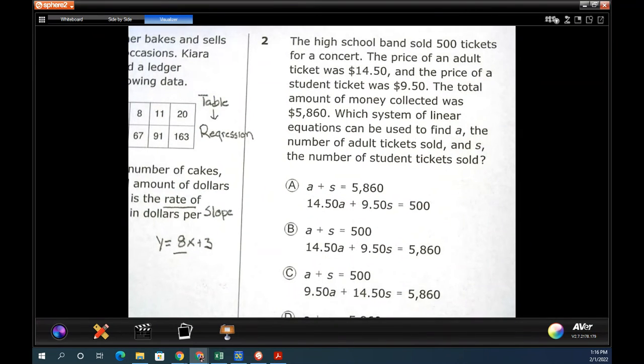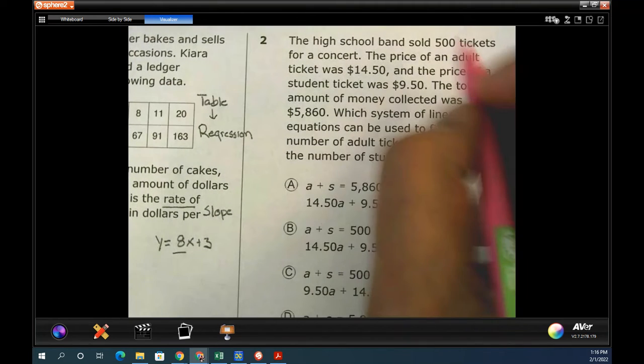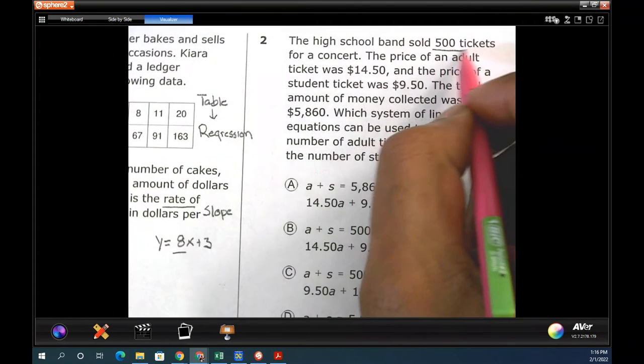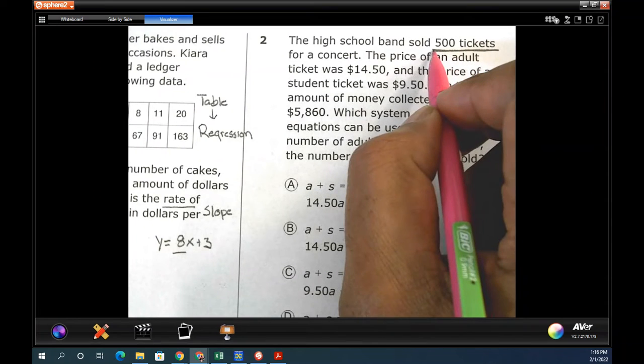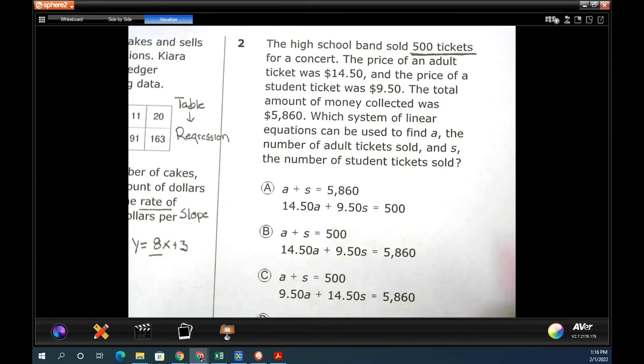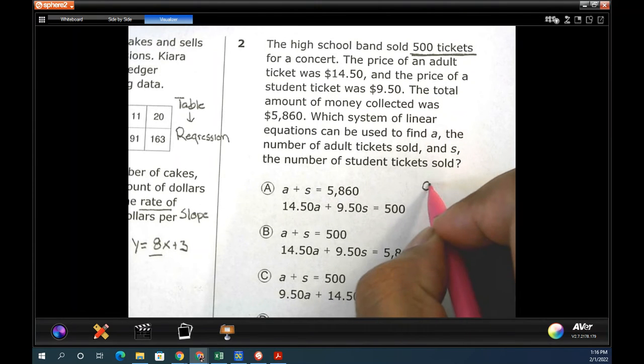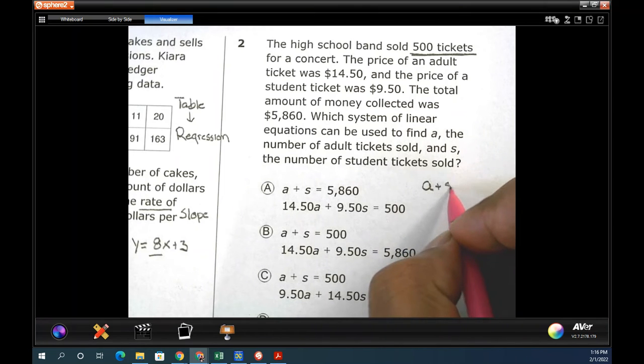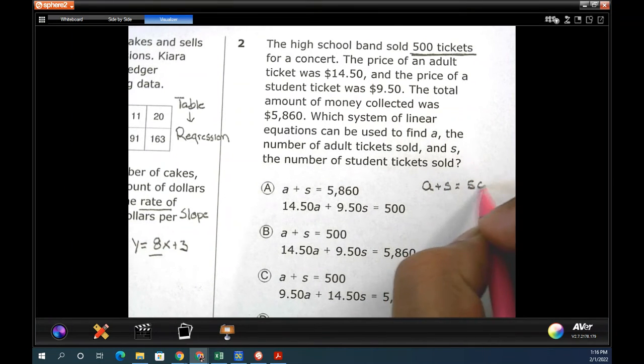Now, here's the thing. Y'all have been working these problems in Get More Math where you have to do it. There's one thing that they don't do. That 500 tickets, they sold it. That's a total. So here's the deal. This part should have been A plus S equals 500.